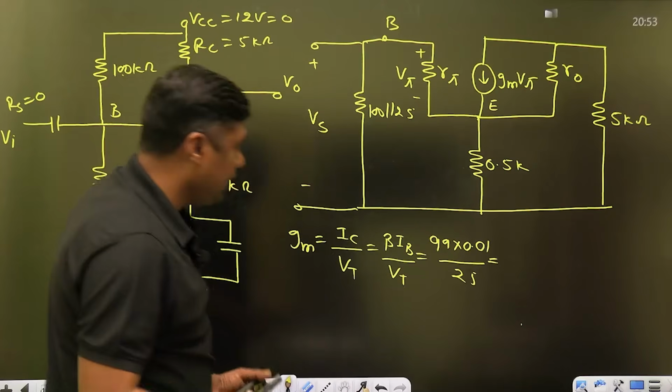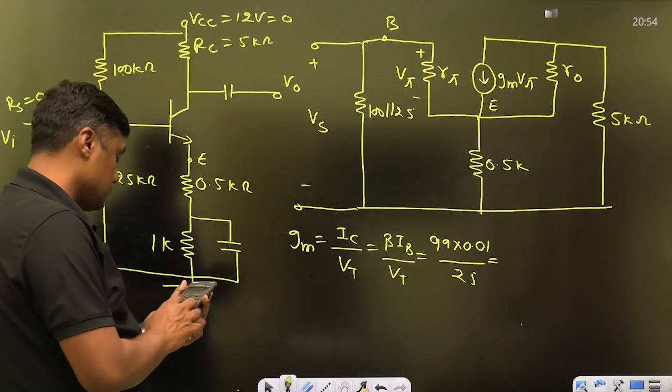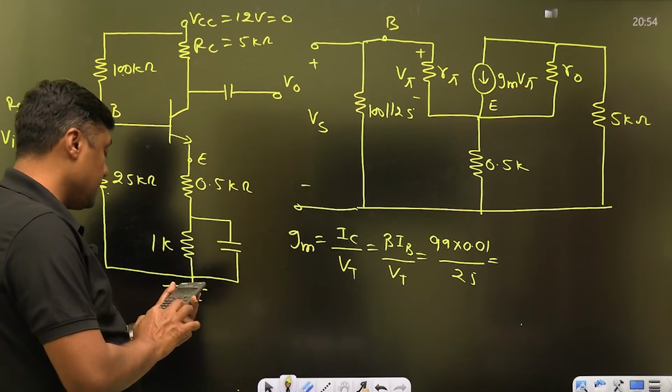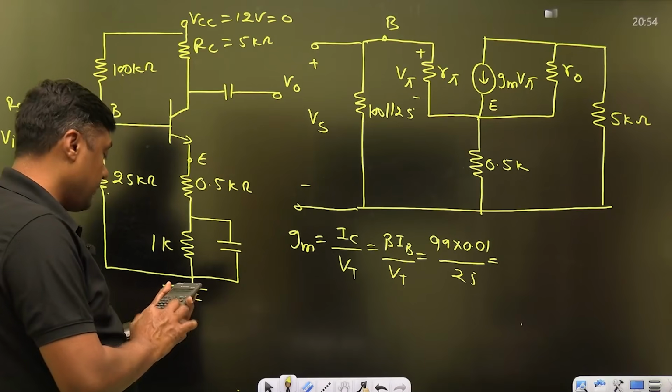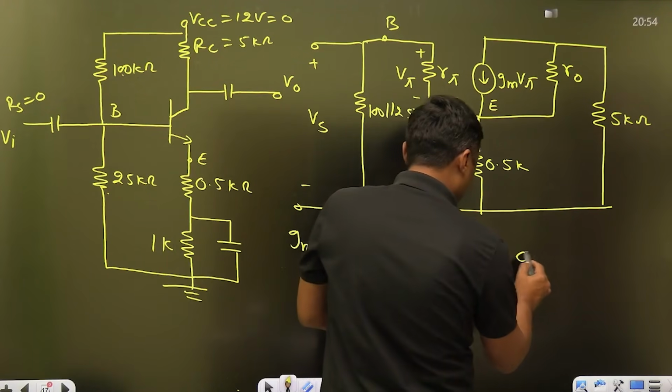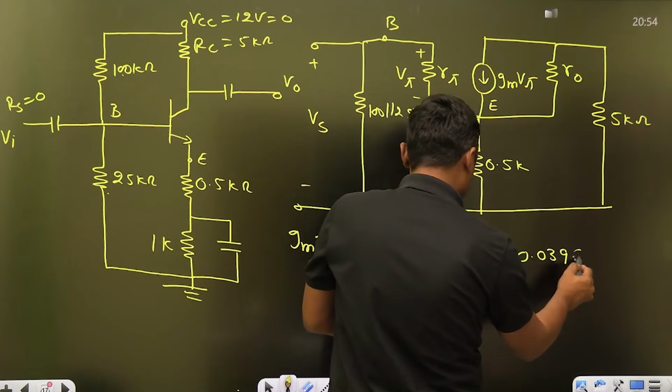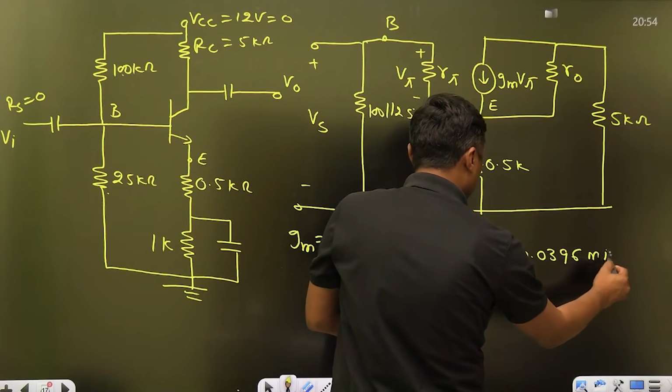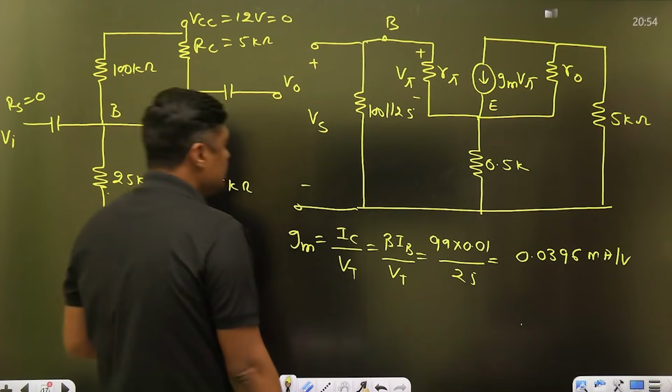I am going to calculate 0.01 into 99 divided by 25. This is around 0.0396 milliampere per volt. This is the value of the GM.